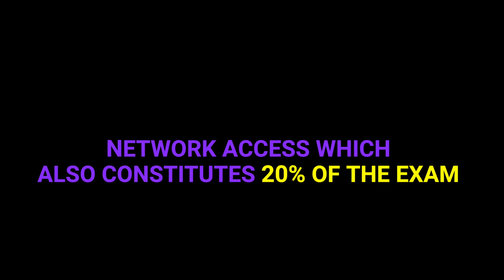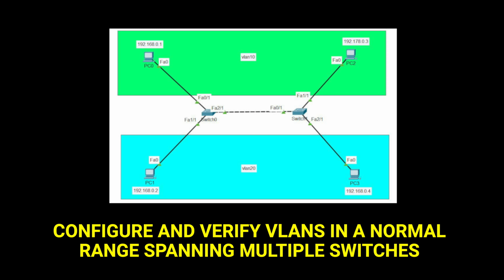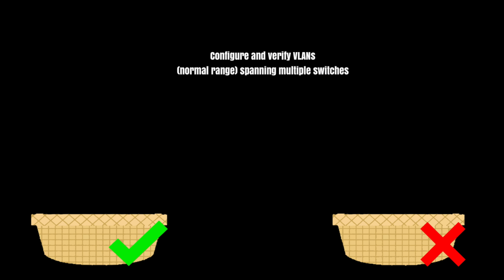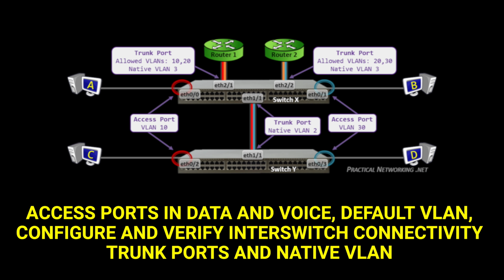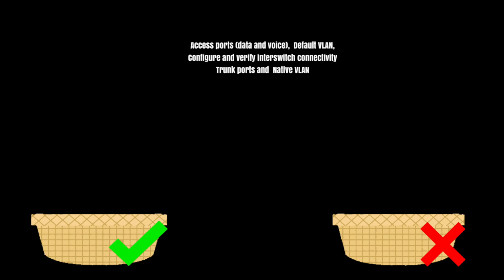Let's jump to network access, which also constitutes 20% of the exam. Configuring and verifying VLANs in a normal range spanning multiple switches. You never use that knowledge as a cloud engineer, so it's for the red bucket. Access ports in data and voice, default VLAN, configuring and verifying interswitch connectivity, trunk ports and native VLAN. These will never be used as a cloud engineer.